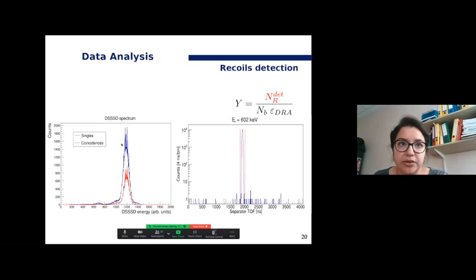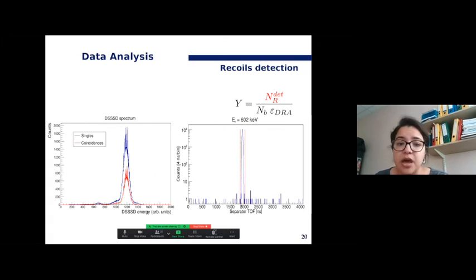So in blue, we see the singles measurement, and in red, we see the gamma coincidence events in the DSSD energy spectrum.